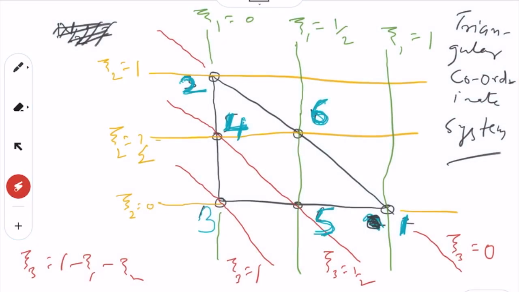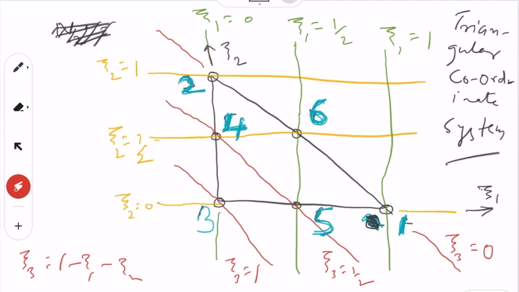If you look at n5, this point, the coordinate is, okay, so we draw a coordinate system as well. So this is the xi1 axis, this is the xi2 axis. The coordinate of 5 is xi1 equal to half, xi2 equal to 0.